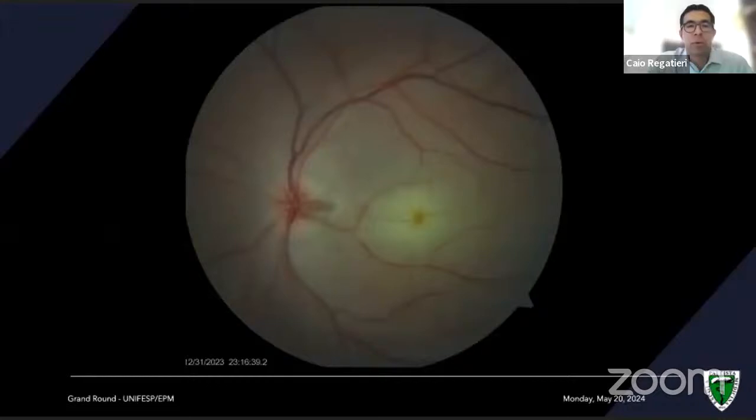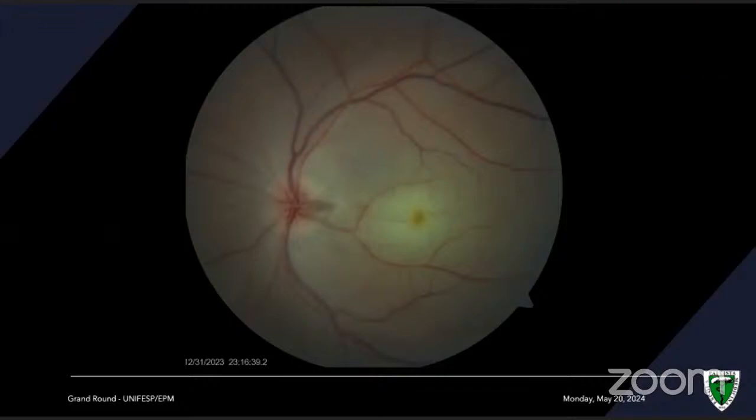Mateus, do you know what is the macro vessel? Yes. Can you show? It's right here. No. The macro vessel is down. It is the vessel that goes to the fovea. Oh, right here? Yes, so this branch. Okay.